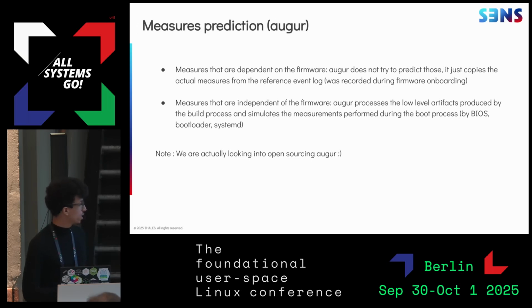For the software, we can just take the build artifacts made by the CI and simulate the measurements performed by the boot process, which are all documented. Mixing the two gives us the full measurement of all PCRs, PCR 0 to PCR 14, and we can predict all of the PCRs.